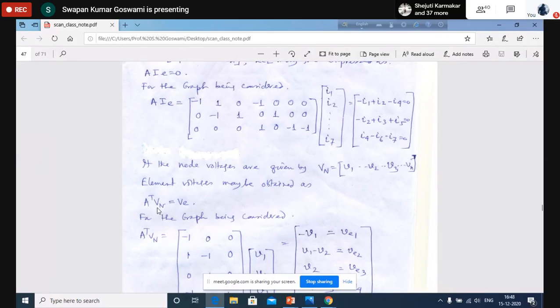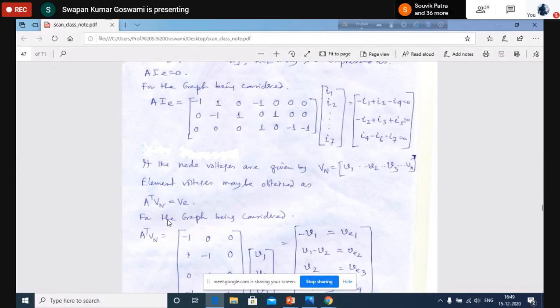Now let us write A transpose Vn. A matrix is known to us. Okay, the reduced incidence matrix A is known to us. So let us write transpose of this matrix A. Okay, transpose of this matrix A and multiply this by node voltage vector Vn.